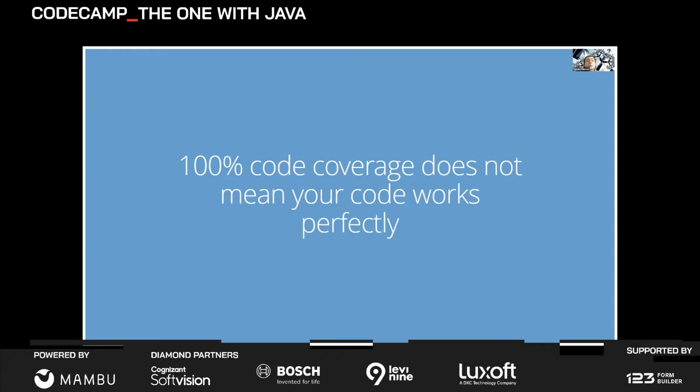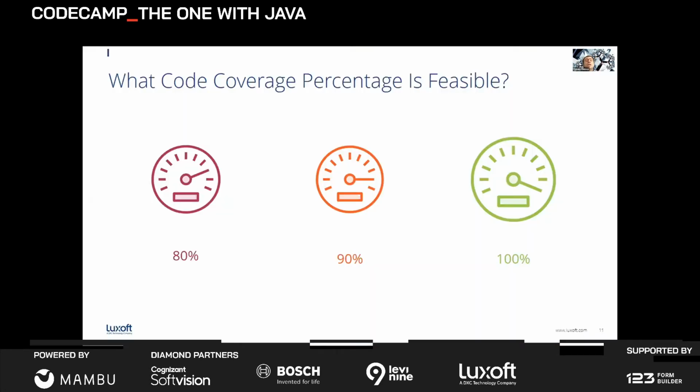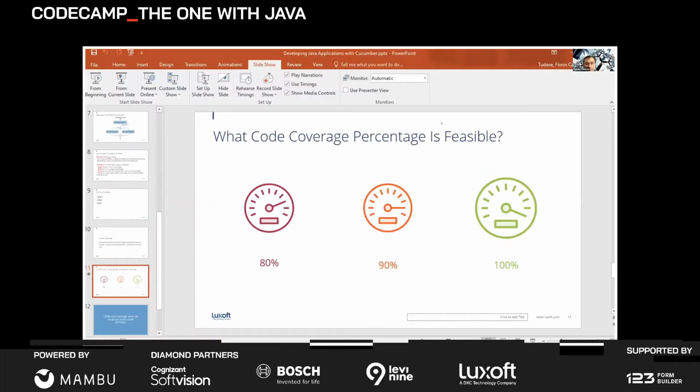And if you would like to make sure that your tests are of high quality, you should think about what is called mutation testing. But for now, our goal is to check if when we moved from pure JUnit 5 solution to Cucumber solution, did we keep the same code coverage? And let's verify this.